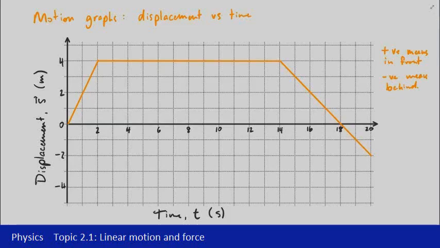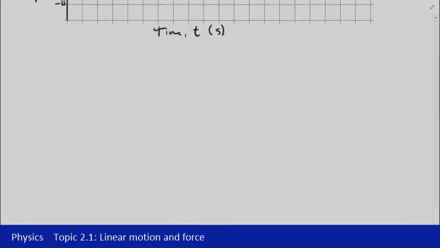Notice now though that we have this section here that's going to have a negative gradient. That's because as we saw with the distance versus time graph, velocity is the gradient of a displacement versus time graph, or can be found from the gradient of a displacement versus time graph.